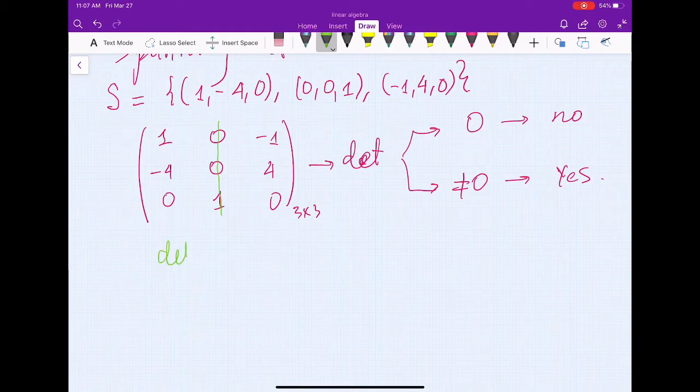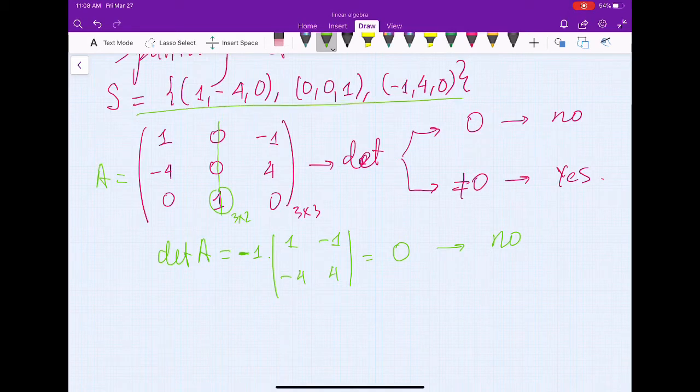So the determinant of this matrix A is just equal to, this position is 3 by 2, so I have -1 times the determinant of 1, -1, -4, and 4. The determinant is 0. So that is no. S does not span R3.